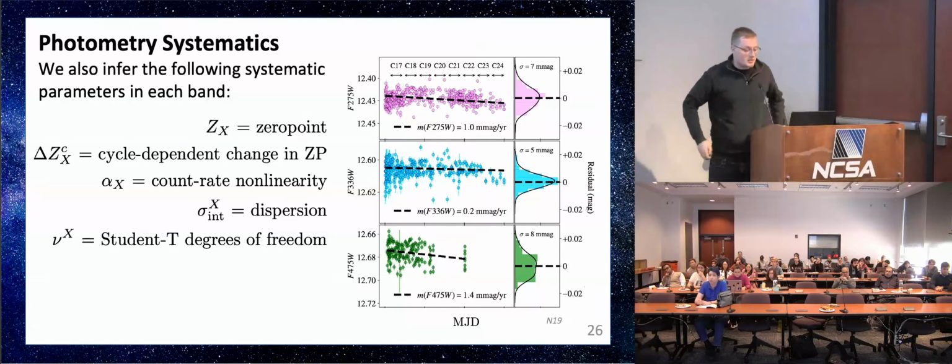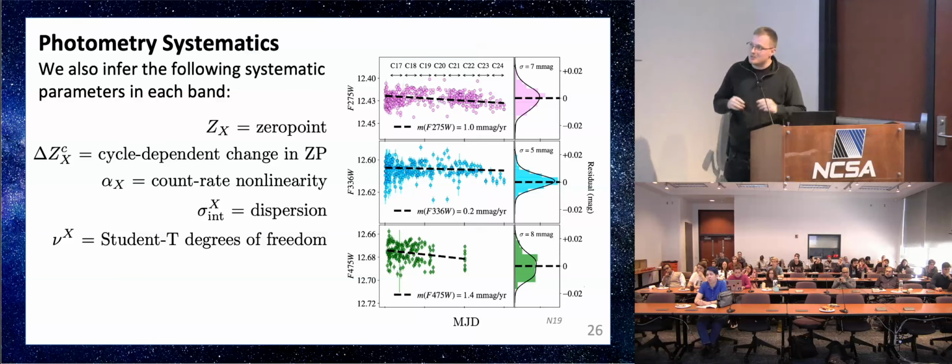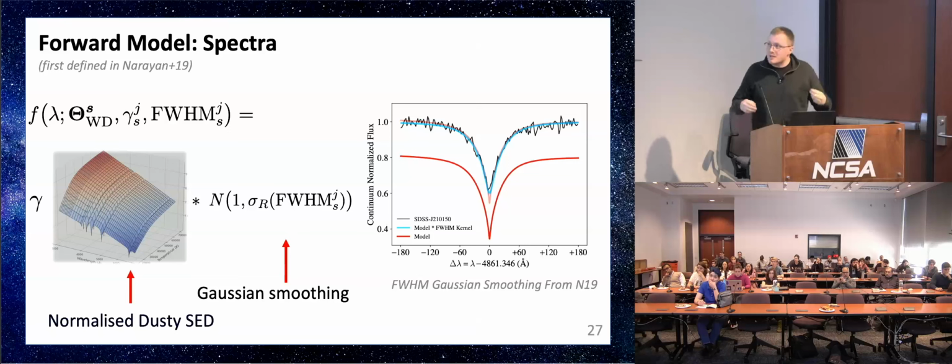And then there's also a dispersion in each band, and we're modeling the photometry using student T distributions rather than normal distributions because you've got fatter tails to deal with what you would call outliers. So for that, you need to infer a degree of freedom parameter. So that's how you do the photometry.